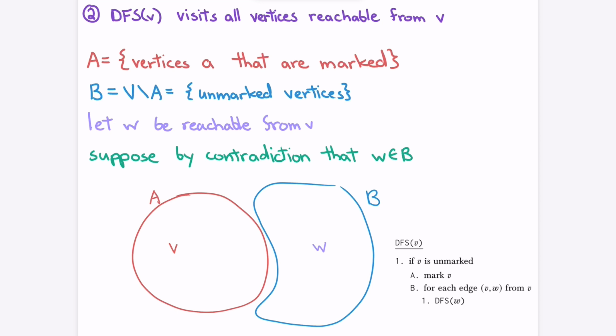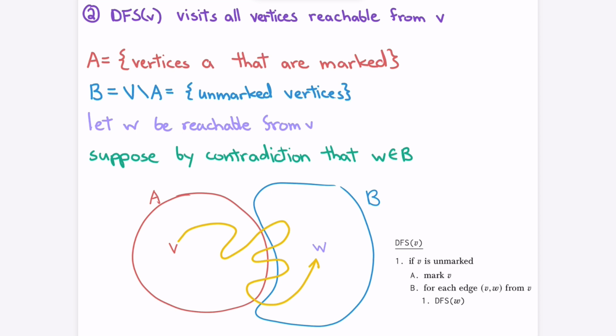So I've just drawn a picture like that. Now all I know about V and W is that there's some way to go from V to W, right? So there exists some path or some walk through the graph, something like this.